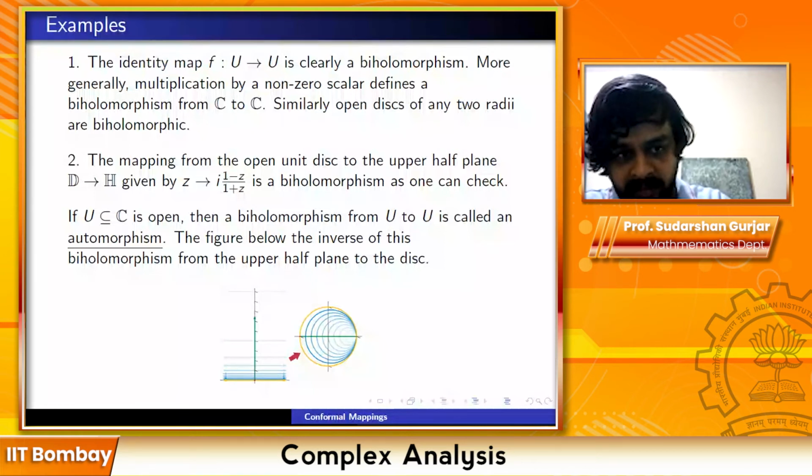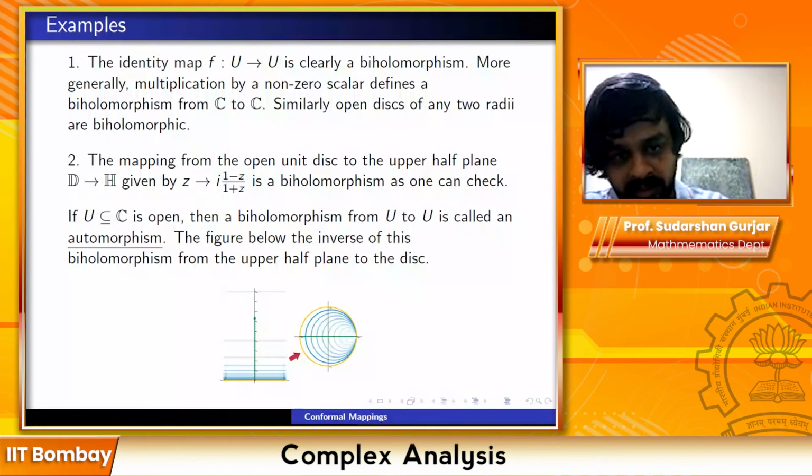And the mapping is such that if you take these various horizontal lines in the upper half plane, as the horizontal lines approach the x-axis, the images are circles with bigger and bigger area as shown, and theoretically the x-axis, which is drawn in yellow, will get mapped onto the unit circle.